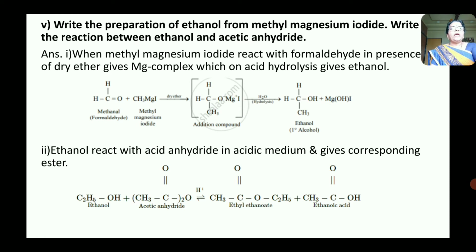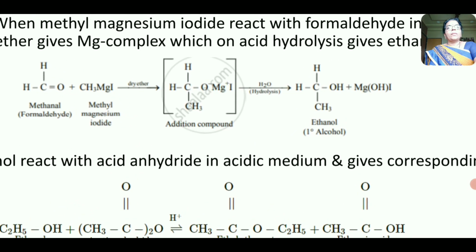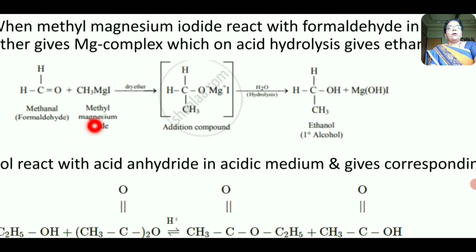Now here ethanol is prepared by using methyl magnesium iodide. Now when this methyl magnesium iodide is treated with formaldehyde, that is methanal, in presence of dry ether, then this magnesium complex is obtained.